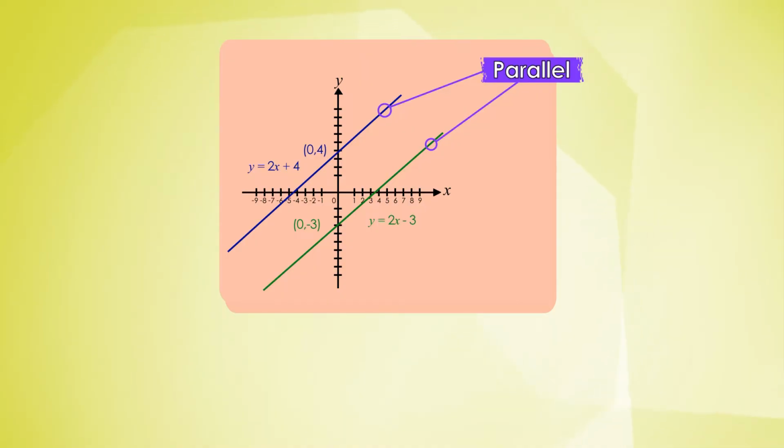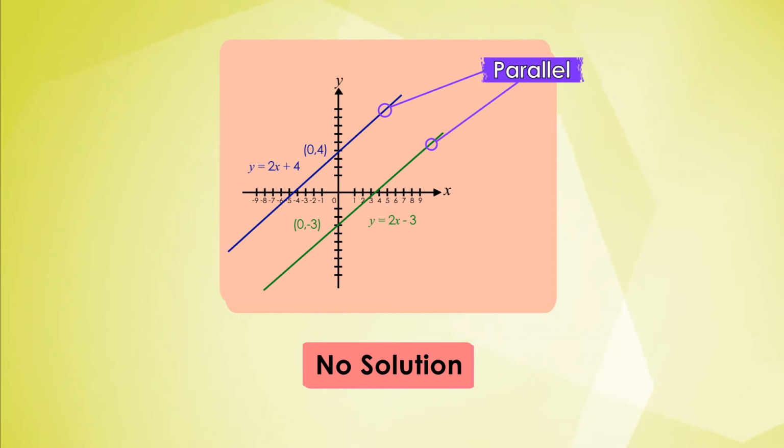What do you think is the solution when the graph of both equations is parallel to each other? When the two lines are parallel, it means that there is no point of intersection. Therefore, the linear equations in two variables do not have any solutions.